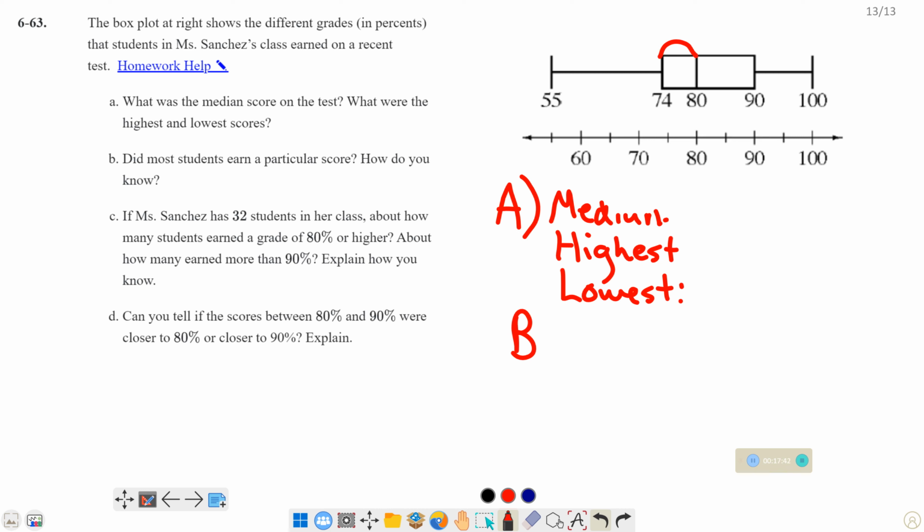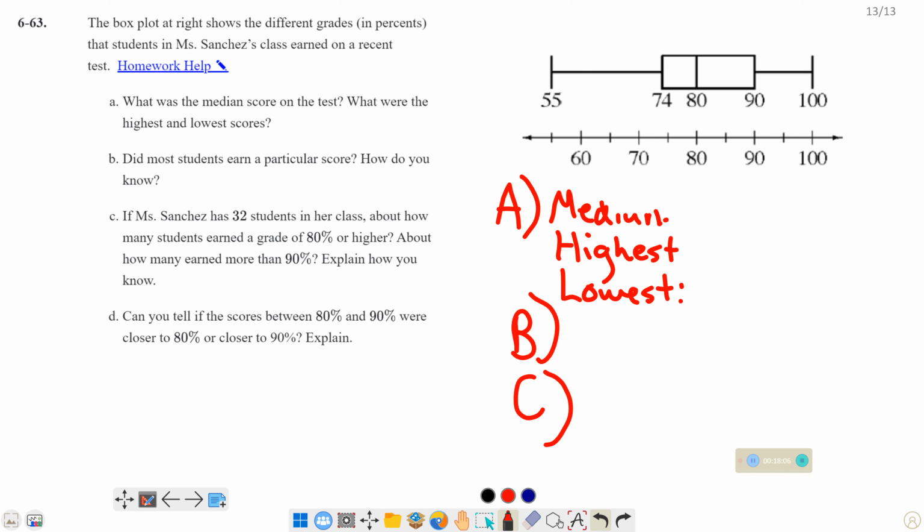It's not that much difference between those two. A 6% spread compared to a 10% spread, not that different. So I could say this section has a particular score, or you could say, no, it's fairly evenly distributed. Your call.